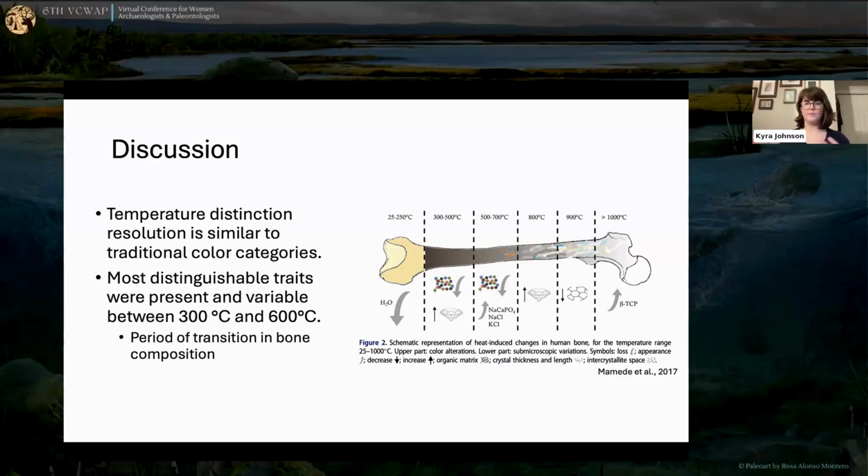That organic material is being combusted and removed. And then as that organic material is being removed, we have a change in the crystalline structure because the crystals are changing or growing and reorganizing themselves, therefore impacting the overall structure of the bone and degrading how it's able to hold itself together.